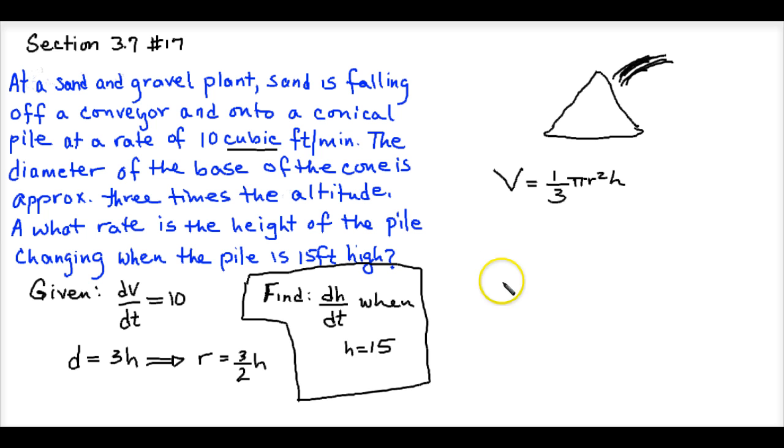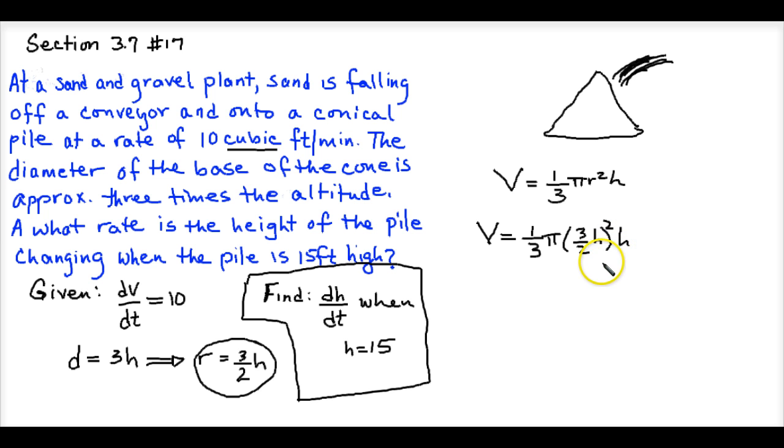All right. So now we're going to plug this into our formula. V is equal to 1/3 pi times 3/2 h squared times h.